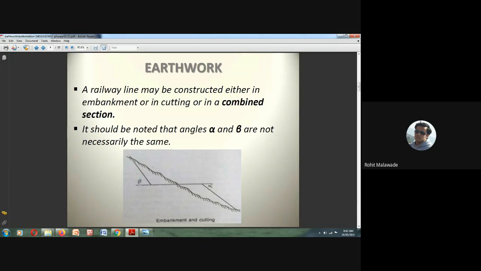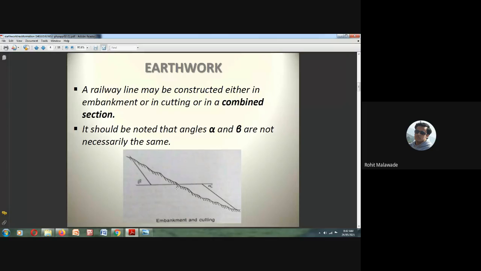Now we want to have our formation level at this particular level, so what is extra? What are we going to do now? Here we are going to have the cutting, and whatever quantity of material we have cut, we will place over here. So this is what you are cutting, and this is what you are filling.